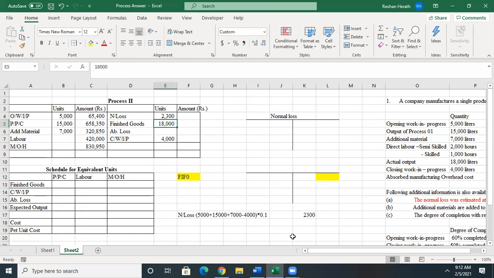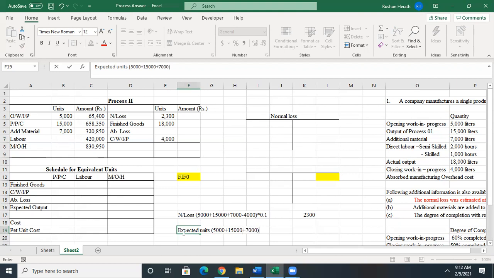So consequently, if you take the expected units, it's going to be 5,000 plus 15,000 plus 7,000 minus 2,300. The expected unit value is 24,700.